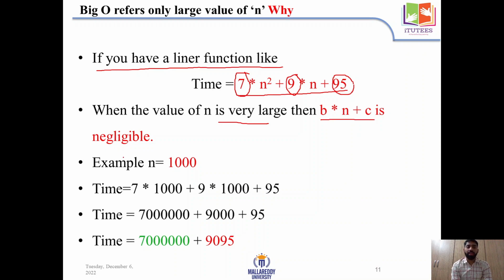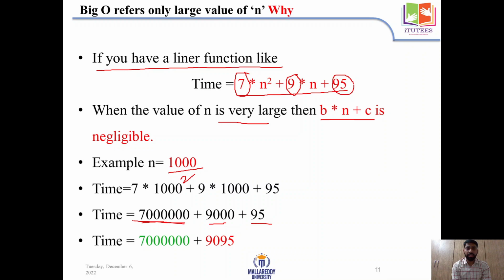Why? Take one example, n equals 1000. Now time equals 7 into 1000 square plus 9 into 1000 plus 95. What is 1000 square here? 1 lakh. 1 lakh into 7 is 7 lakh, plus 9 into 1000, which is 9095.